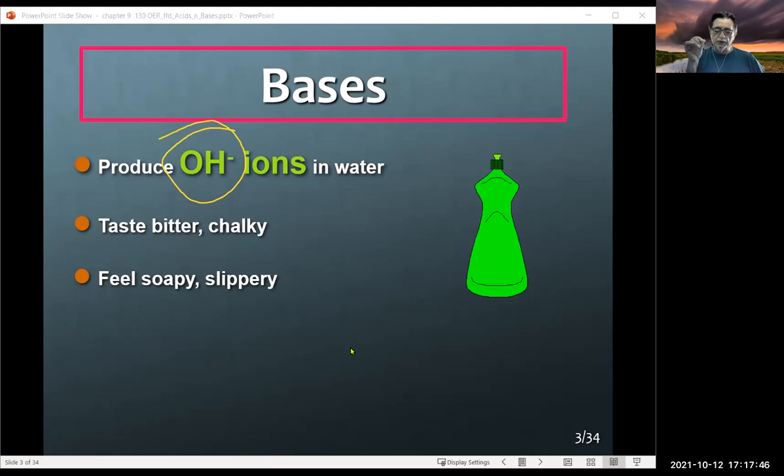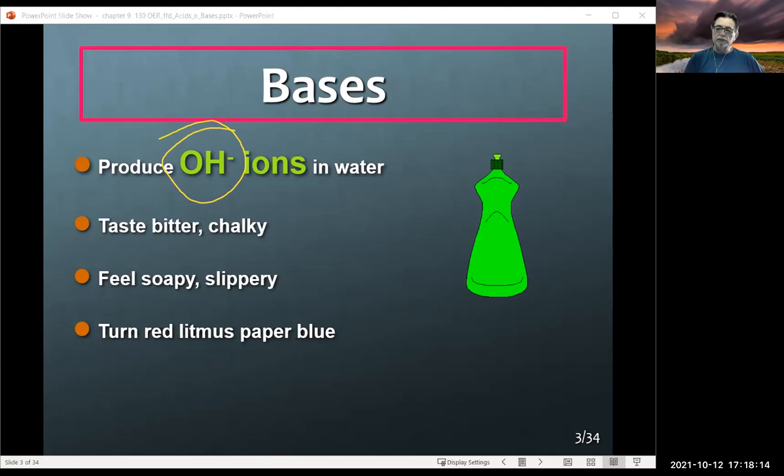That liquid Drano is breaking down the tissue of your finger. So wash it off immediately. So that's the sliminess, okay? The soapy, slippery. The red litmus paper, if it turns blue, then you have a base, okay? Litmus paper is just simply an on and off switch. It's either an acid or a base. It doesn't tell you anything other than that, okay?